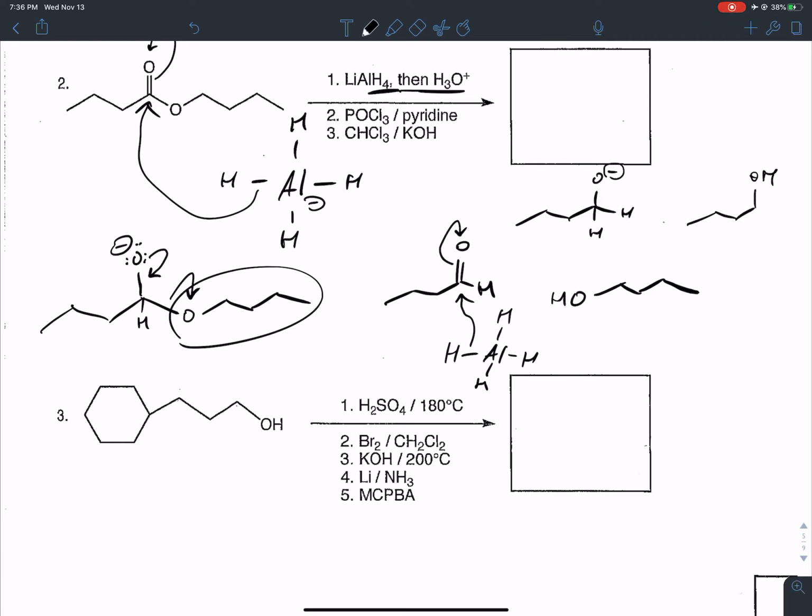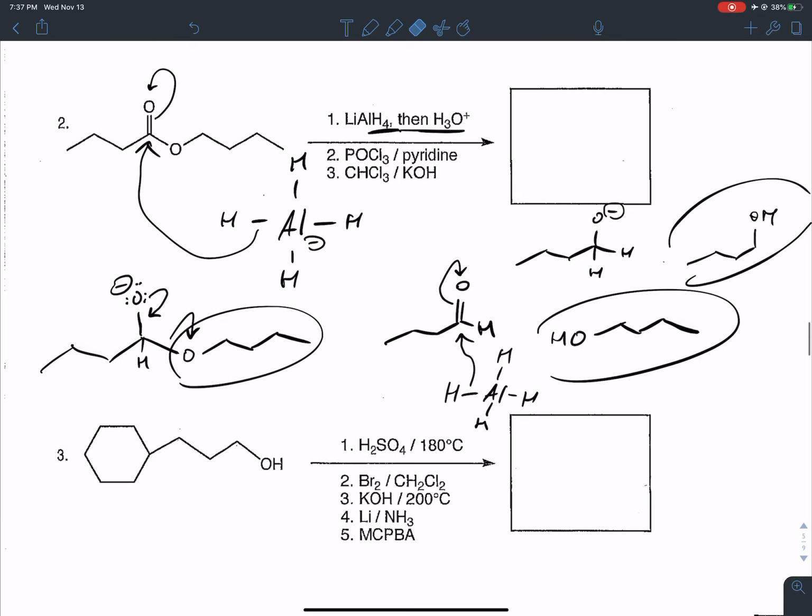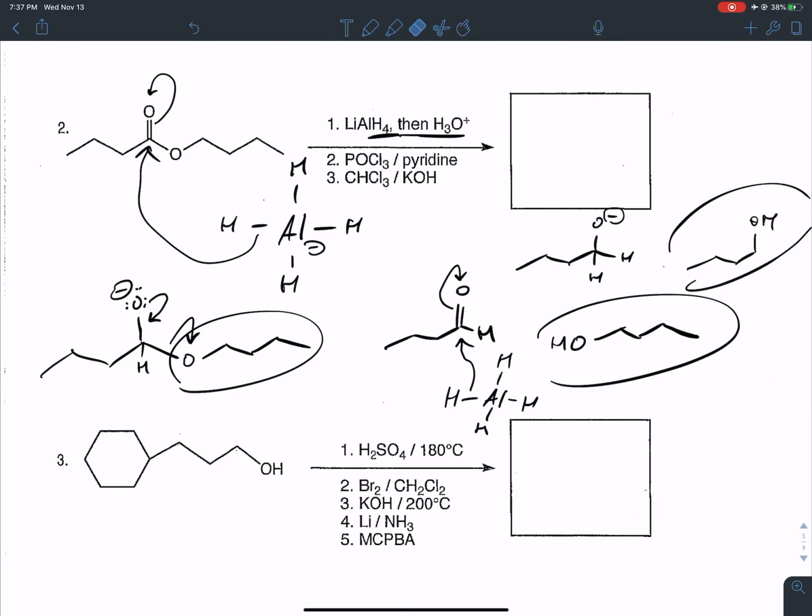What do you notice about those two alcohols that we generated? This guy and this guy. They're the same. Yeah. So when we cleaved that thing open, we generated two identical alcohols. Does that make sense? The process to get to each one was slightly different, but at the end of the day, they were both the same alcohol. I'm going to go ahead and erase this mechanism if you want to take pictures or anything.